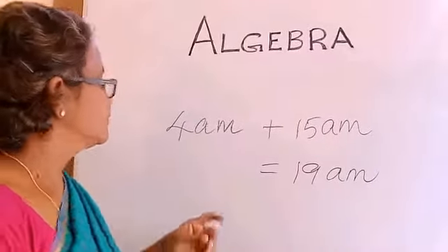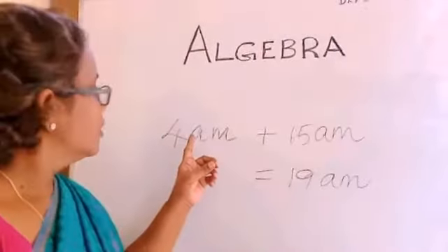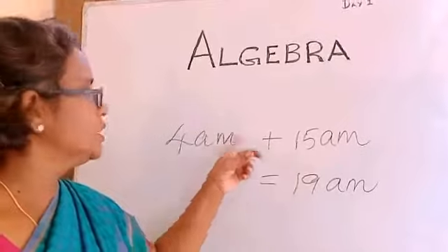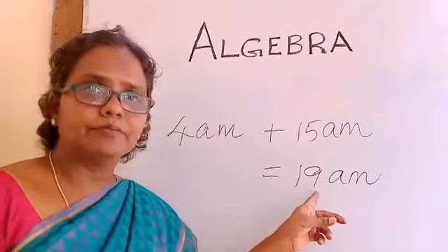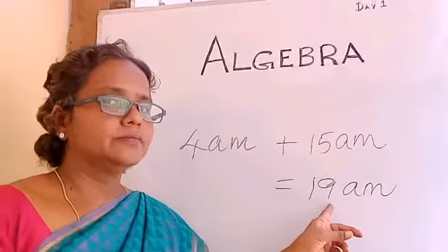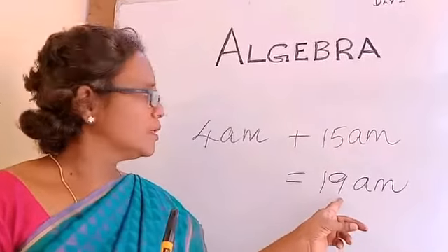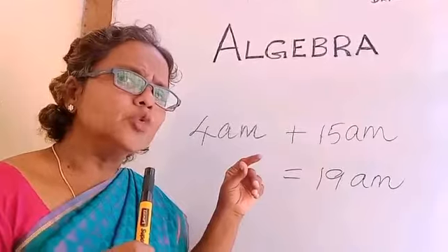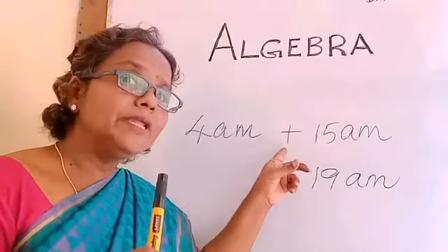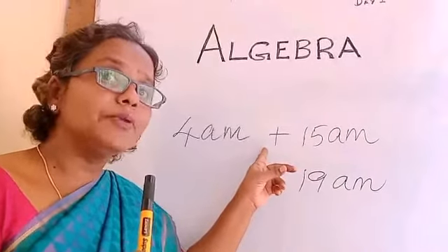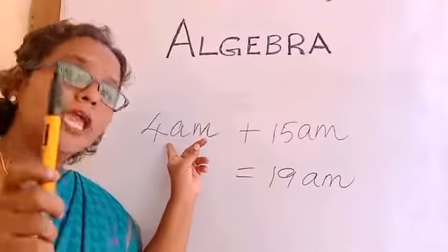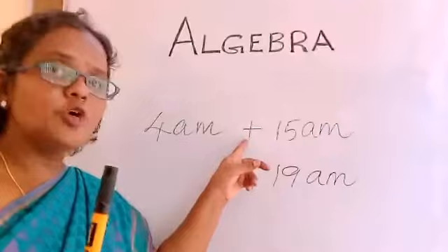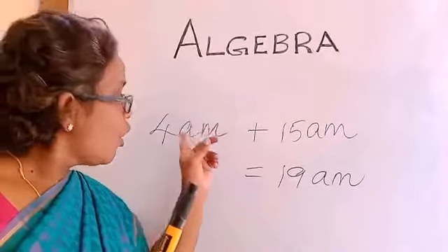Question. While I am performing an addition operation on the terms 4am and 15am, I am getting a result 19am. Right? Okay. You'll ask me a question: is it not possible for me to apply the multiplication operation as well as the division operation on like terms? It is possible. You can perform the multiplication operation and division operation on like terms.